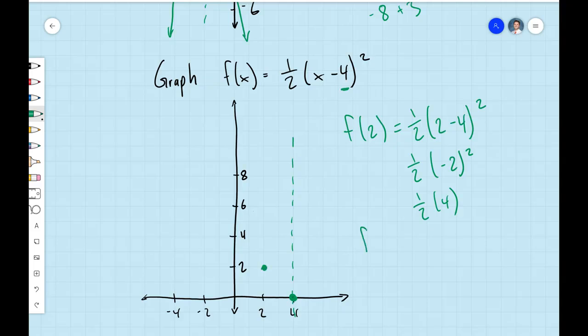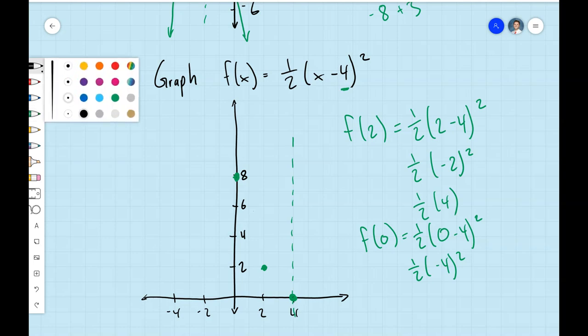And then we can also find f of 0, which will be 1/2 times 0 minus 4 squared. We know that 0 minus 4 is negative 4. Negative 4 squared would be 16, and half of 16 is 8. So we have the point 0, 8.